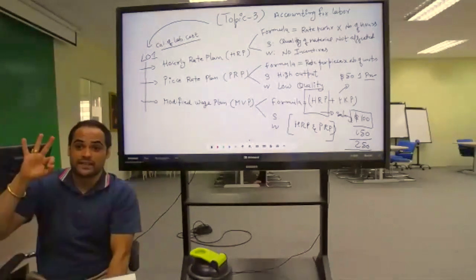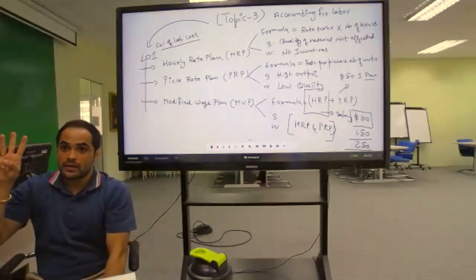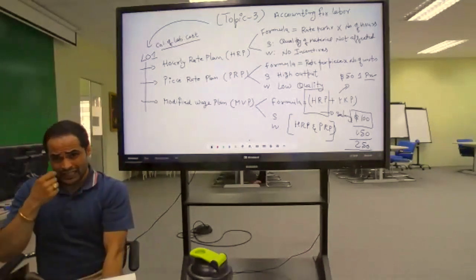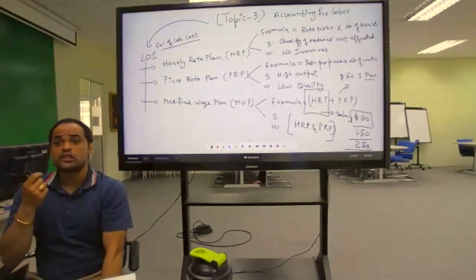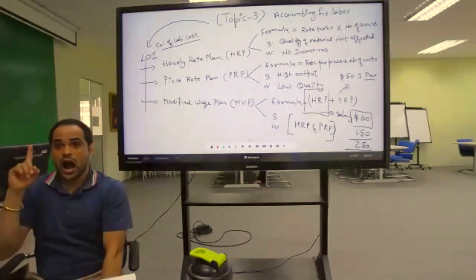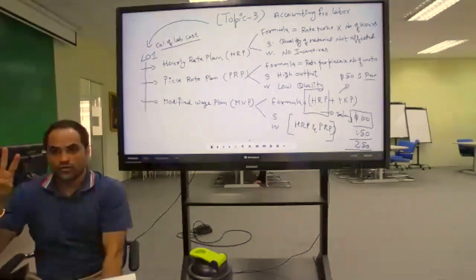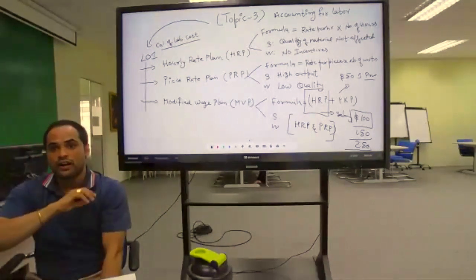We have 3 methods: LIFO, FIFO, moving average. Exactly, when we calculate the labor cost, we also have 3 methods: hour rate plan, piece rate plan, and both, which means modified wage plan.